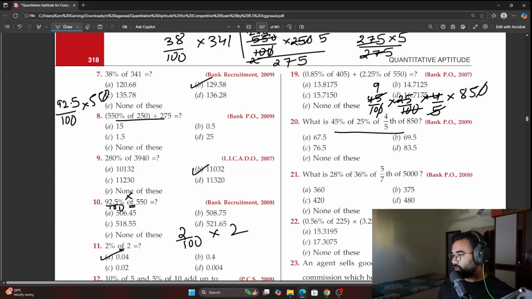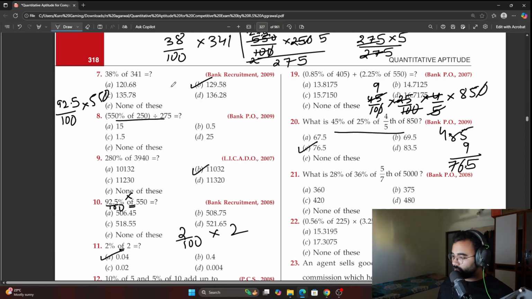Okay, so 85, we have 9 5s are 45, 9 8s are 72, 72 plus 4 is 76, 76.5. So that is C. All right, so the questions that have off are usually very easy, contrary to what people think of these questions.